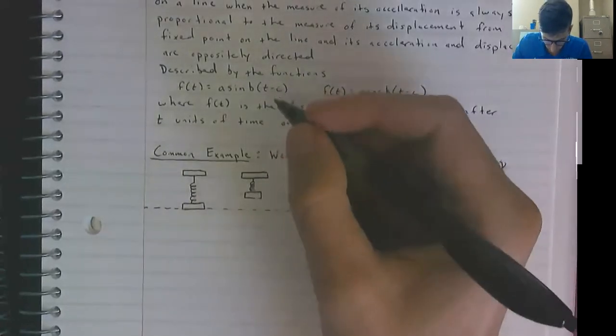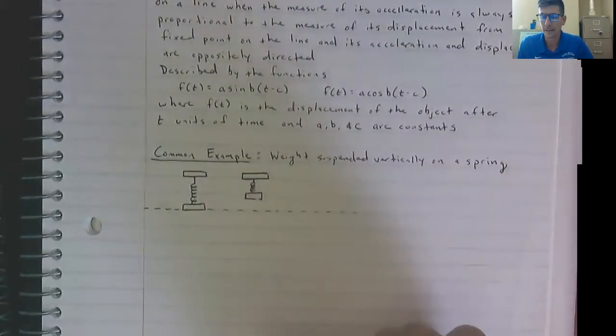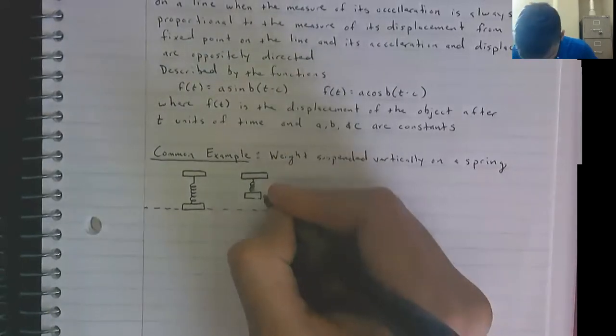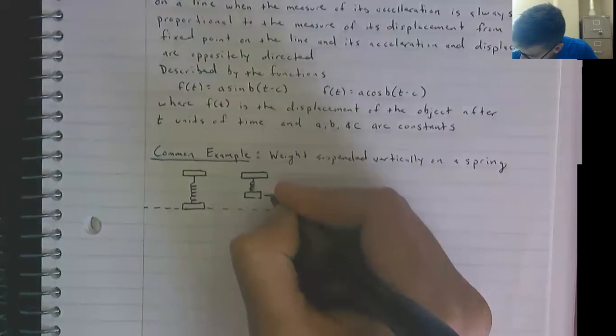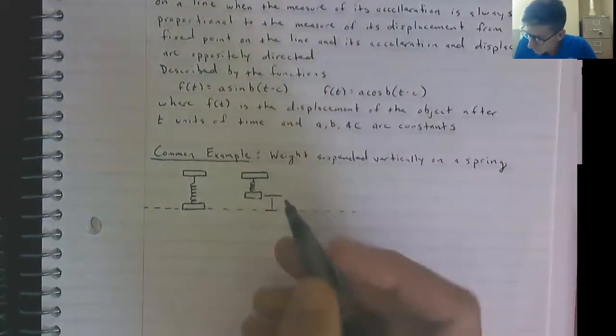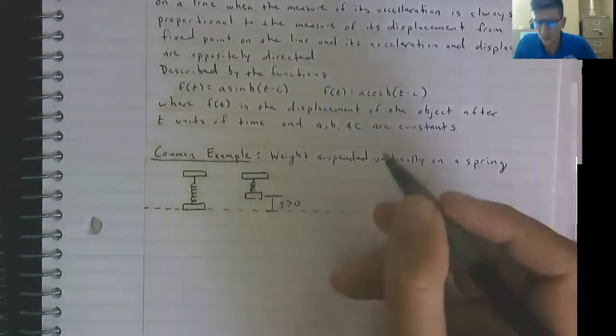Okay, and so if we're still using S as position or displacement, if you remember back to rectilinear motion, now this distance from the resting point to the new position of the weight, this S is greater than 0, okay?